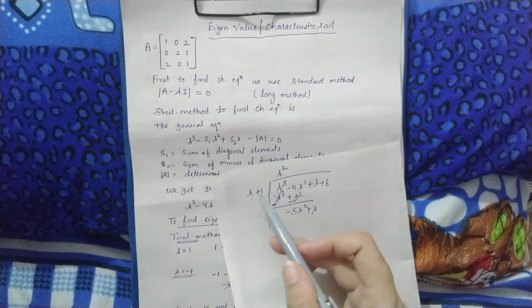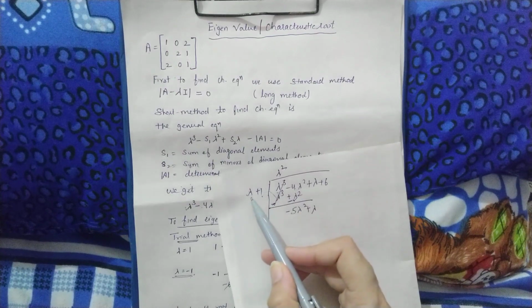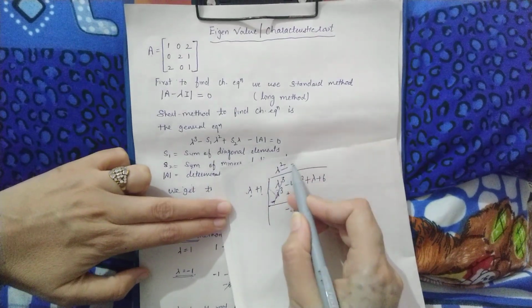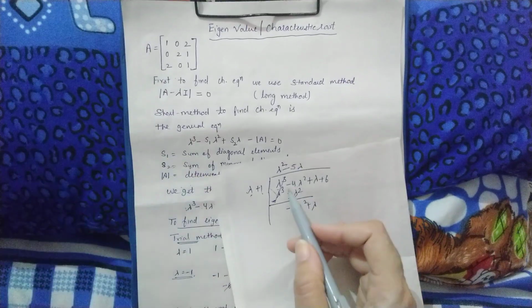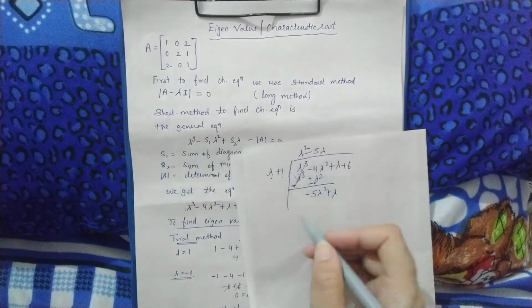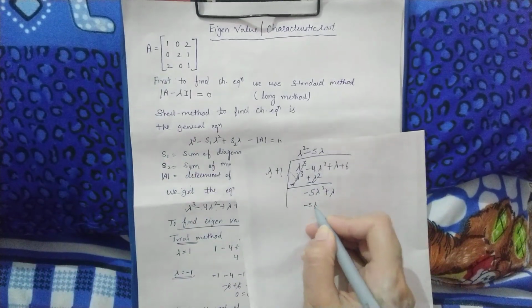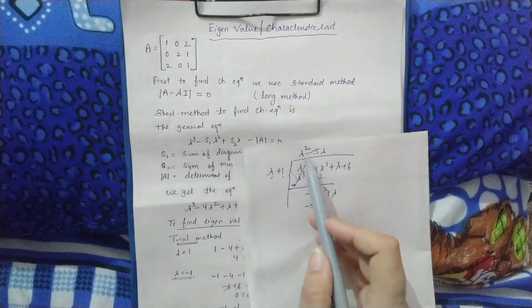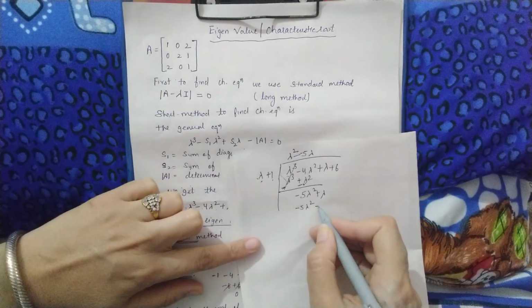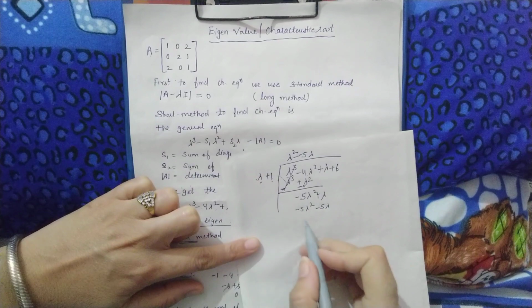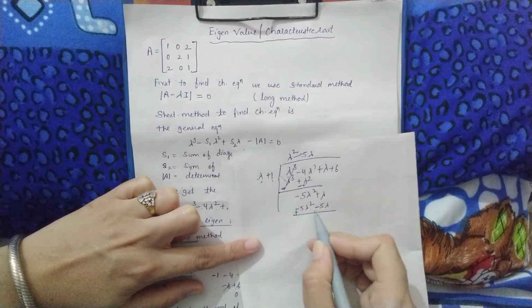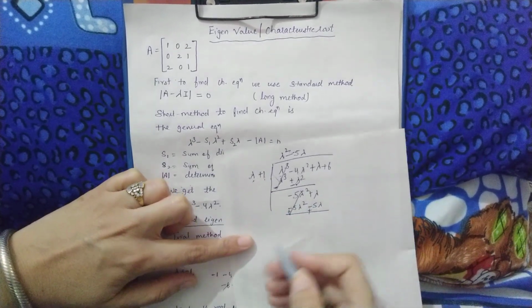Now I have to make minus 5 lambda square from lambda square. How can you make it? By multiplying with minus 5 lambda. Multiplying lambda by minus 5 lambda gives minus 5 lambda square. Again multiplying it with 1 gives minus 5 lambda. Changing the signs, this cancels out.